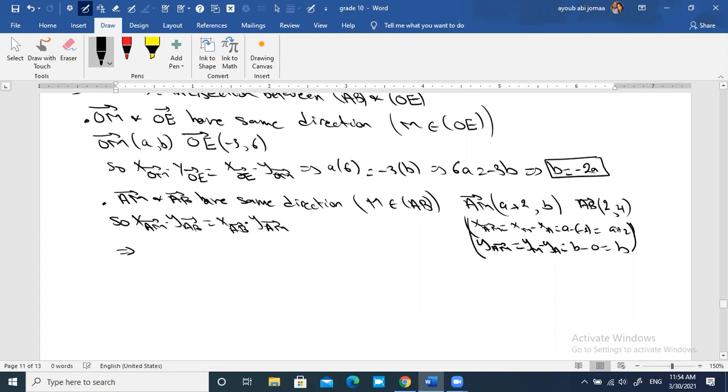This means that A plus 2 times 4 is equal to 2 times B minus 0, which is B. So it's 2 times B. Then 4A plus 8 is equal to 2B.